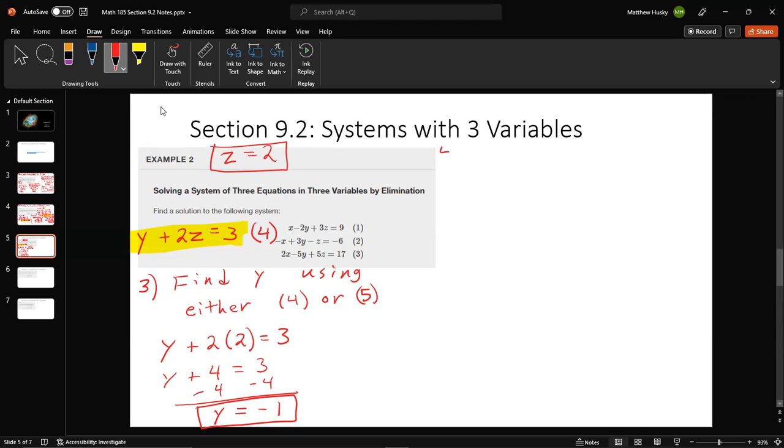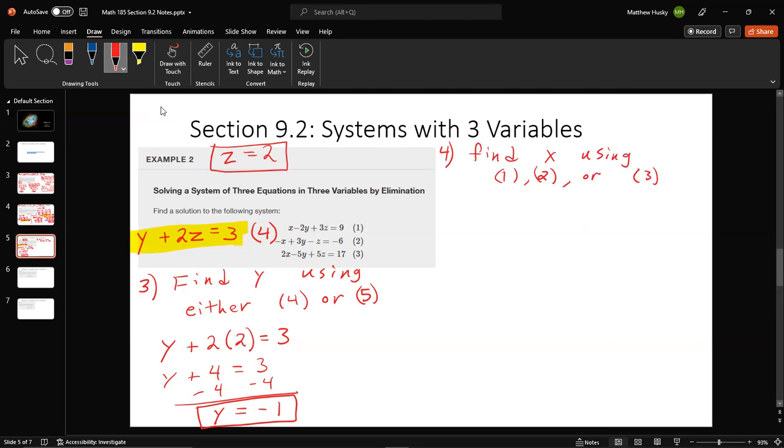So then in step 4, I'm going to find x using equation 1, 2, or 3. I have 3 different options. Again, it doesn't make a whole lot of difference which one I happen to choose.